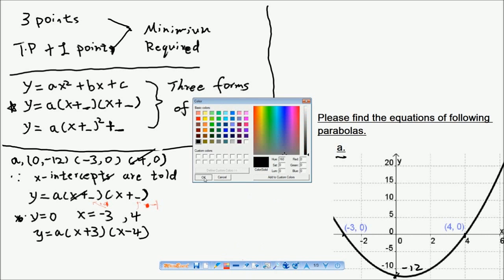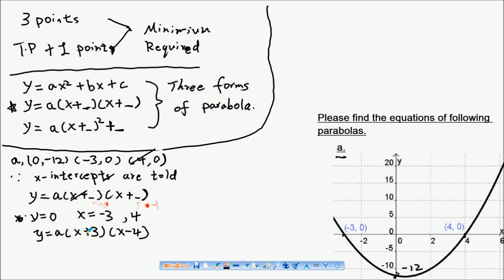Because only this way, when y equals 0, can x be minus 3, and x can be 4 as a solution. So simple as that, we have our solution, but we still have to find the value of a. We find it by substituting the y-intercept. When x equals 0, the graph shows us y is minus 12.